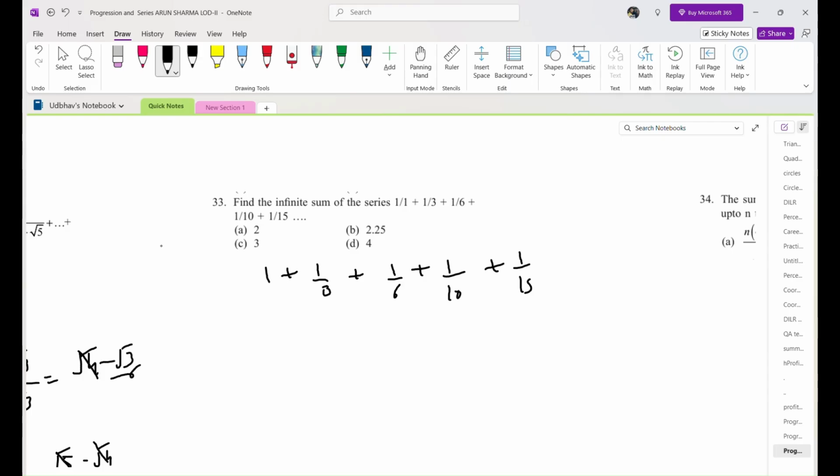So we have to make it... how can we do that?